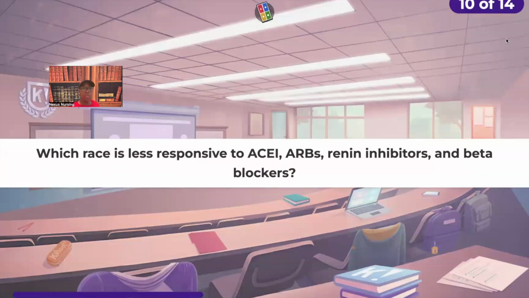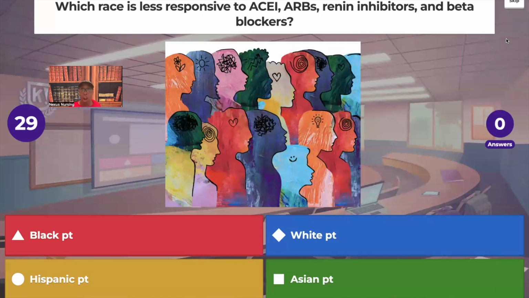All right, which race is less responsive to ACE inhibitors, ARBs, renin inhibitors, and beta blockers?